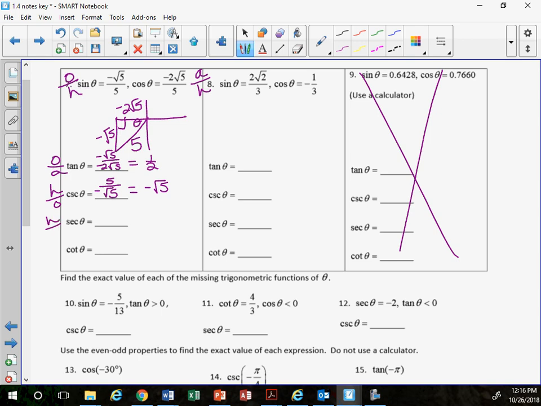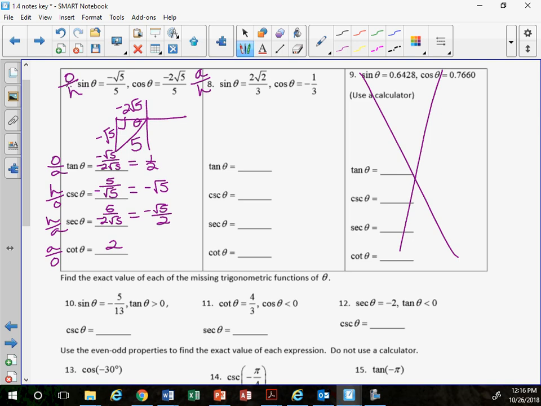It's hypotenuse over adjacent. So 5 over negative 2 root 5. Rationalize it. What do we get? Negative root 5 over 2. Good. And then cotangent, that's the reciprocal of tangent, so it's adjacent over opposite. What do we get for that? 2.